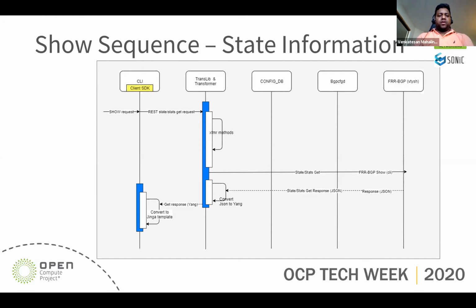So from the user perspective, they'll be getting the various BGP session states and statistics, and they can convert that raw data into JSON, or beautify it with JSON templates, Jinja templates and stuff like that. The user can very well do that.